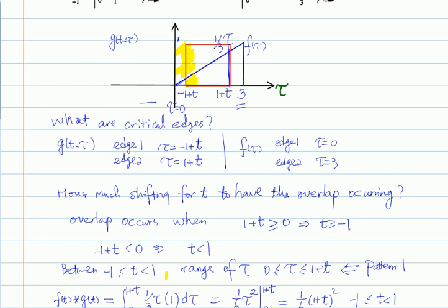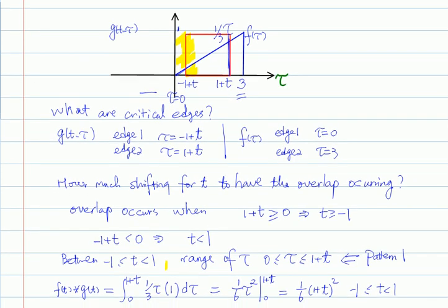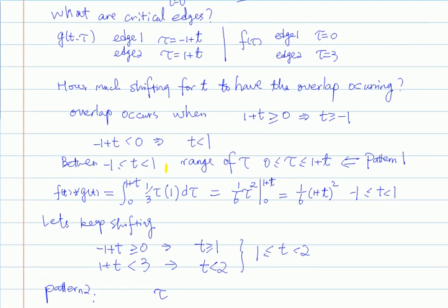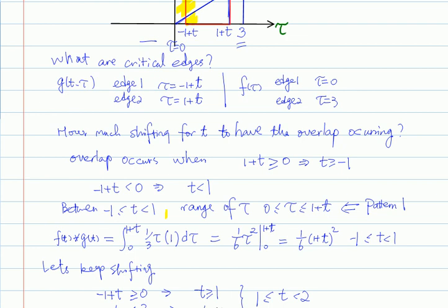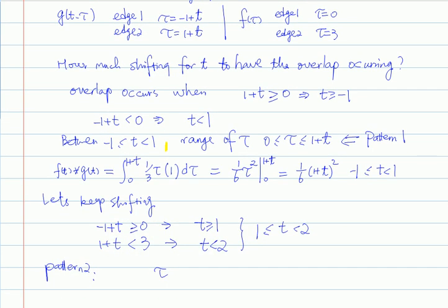And apparently the region of overlap is just this box, and the box is like a cookie cutter, cutting out the triangular function. So this is going to be our pattern number 2. For this region, the range of tau is between -1 plus t and 1 plus t.